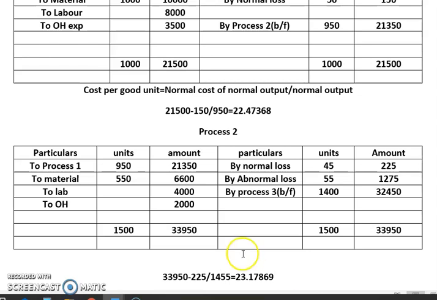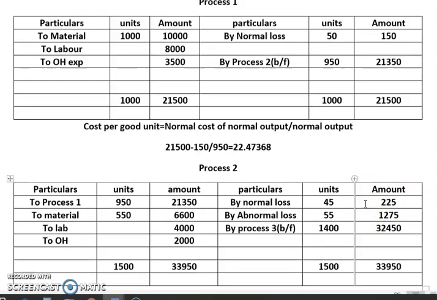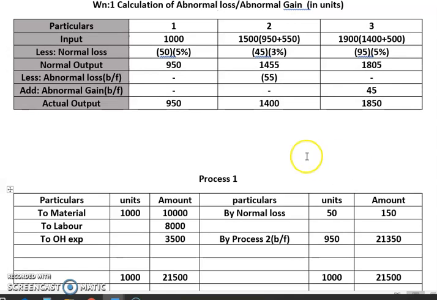Having said that, again the cost per good unit formula remains same. Take the debit side aspects of the amounts which are debited to the process account, which gives me 33,950 minus my scrap value, that is 225, divided by normal output. For my normal output, I have again checked my working note number 1, which is 1455.